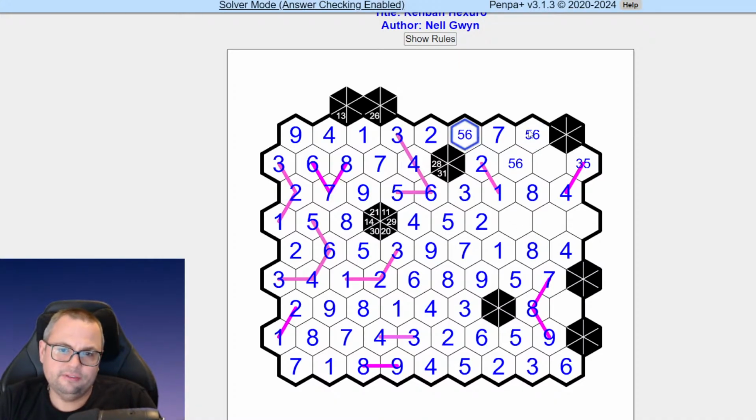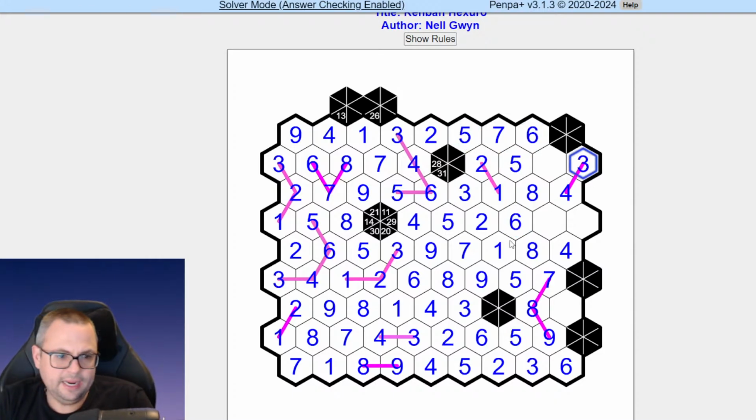So these are a 5, 6 pair, for what it is worth. Let's see. I think we probably should just start filling these in. So this is not 1 or 2 or 3 or 4 or 5 or 7 or 8. So this is 6 or 9 only, I think. Oh, and it sees a 9 down there, so this is 6 only, I think, which makes that a 5 and a 6 and a 5 and a 3.